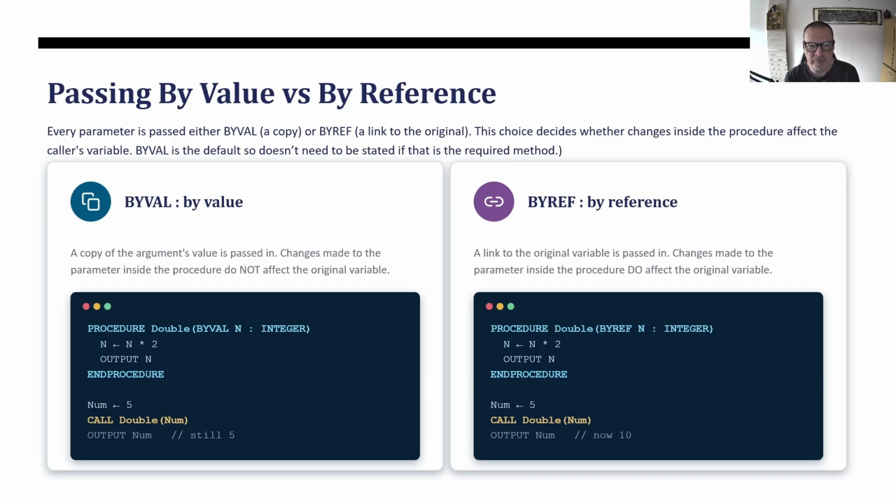It's another name for num. So when we're saying n is n times 2 inside the procedure, what we're really saying is num times 2. And output num, because that's the same thing as num. Okay, it's pointing at exactly the same thing. So after we've done that procedure, by ref, then num is actually 10.